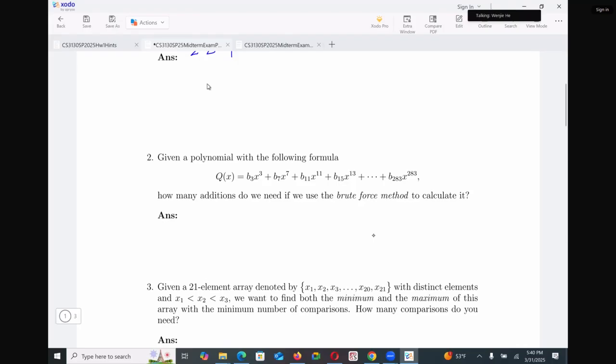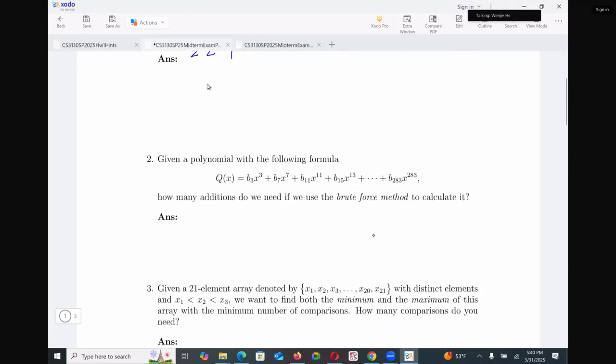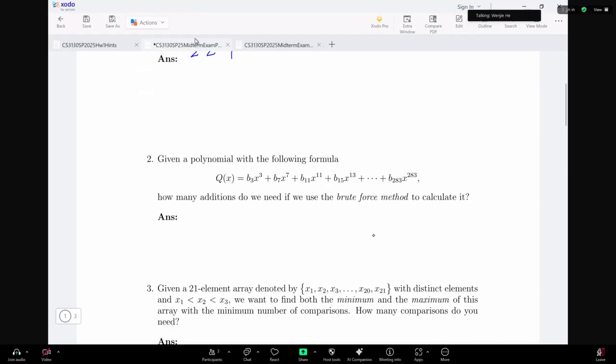And the second question, the biggest problem is that you need to figure out the formula for the subscripts or superscripts. The difference between two adjacent subscripts is 4, so it should be 4k plus 3.